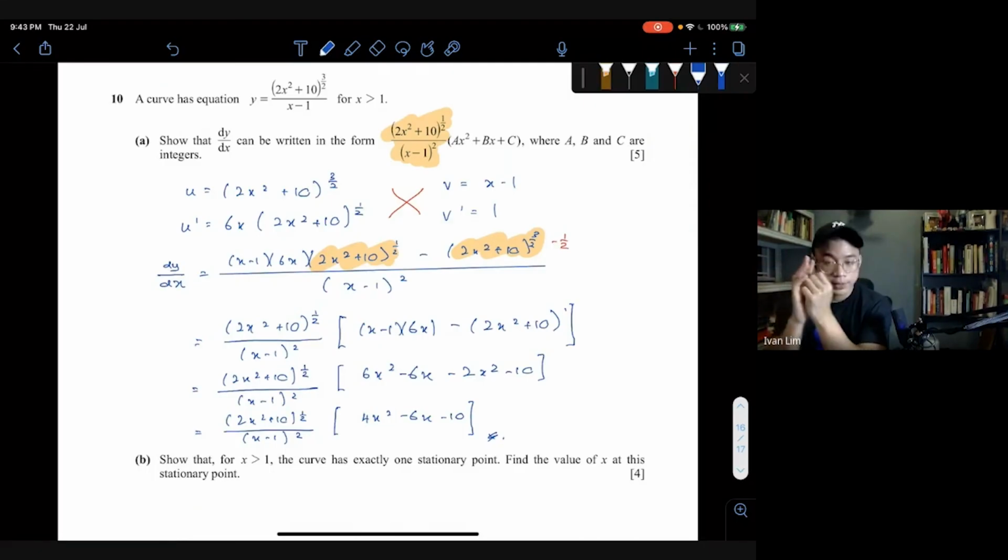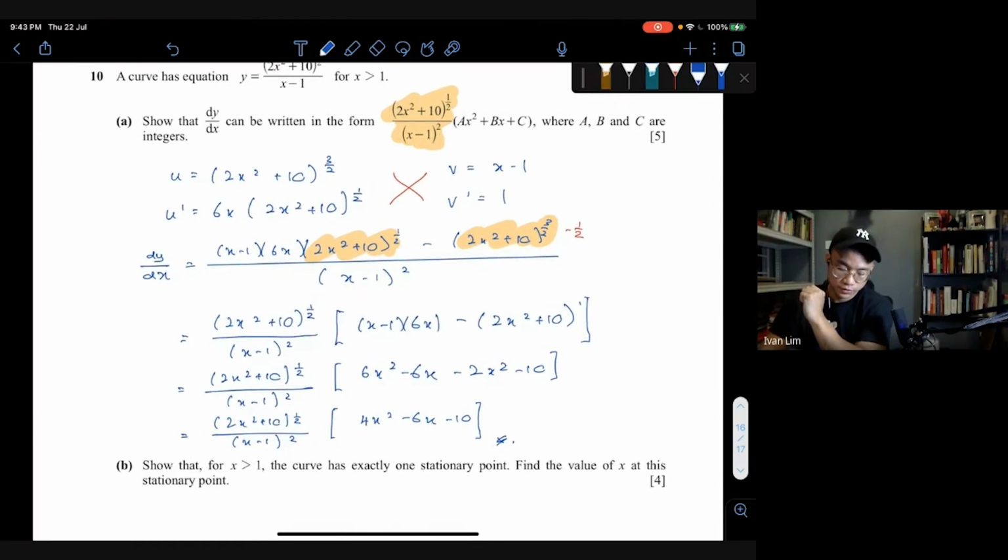Don't go and expand the bracket first. I think you all won't get the answer if you expand it. Just break it down one part at a time.